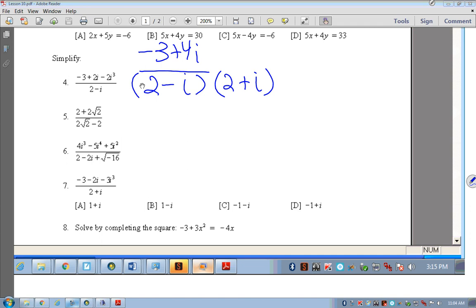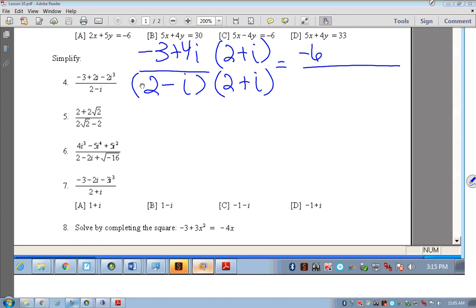What this creates is a situation where whenever I FOIL, I've got some things that are going to cancel out. It's what is called a sum difference. But I'm also going to do that on the top, so I'm going to FOIL twice. I've got negative 3 times 2, which is negative 6.